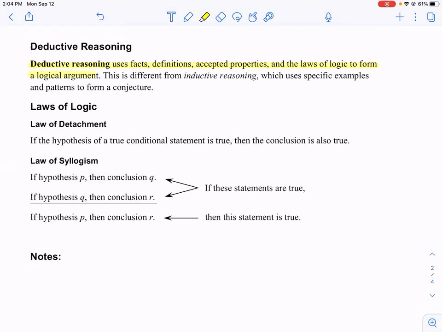The first thing we are going to talk about is what's called the law of detachment. If the hypothesis of a true conditional statement is true, then the conclusion is also true. It doesn't make sense. Don't worry, I'll give you an example.